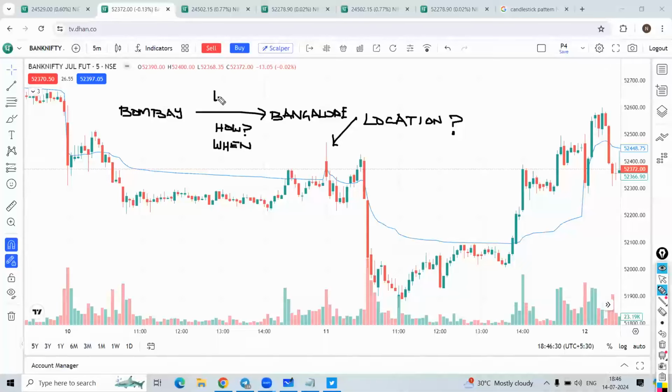Where is already decided. If you are planning to go to any tourist spot, any vacation, business meeting, 5-star hotel, anything, anywhere, what will you do? How to go? Mode of transport. When to go? You will have to plan your schedule as per your business, as per your job, leave vacant. When, how, where to go, location.